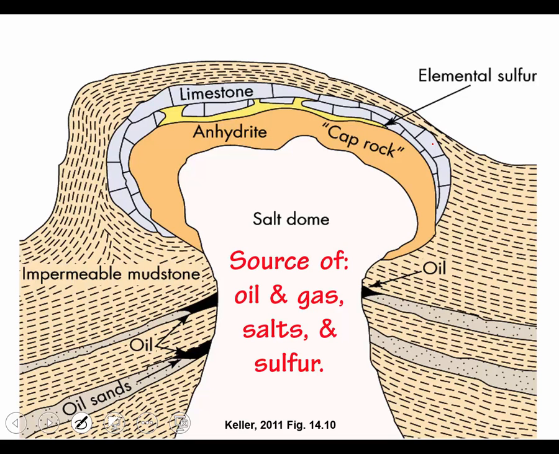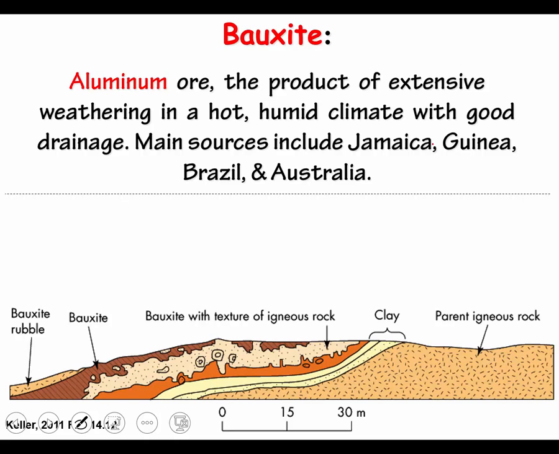So when you go to Galveston, you see these great big mounds of sulfur. That's where they came from, this Frasch process. We're getting increasingly less reliant on that.